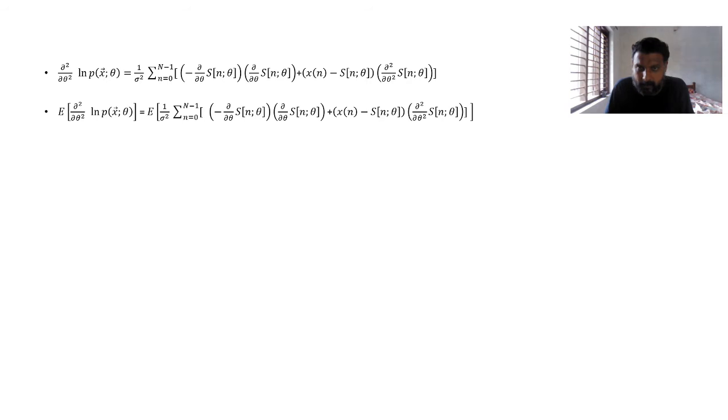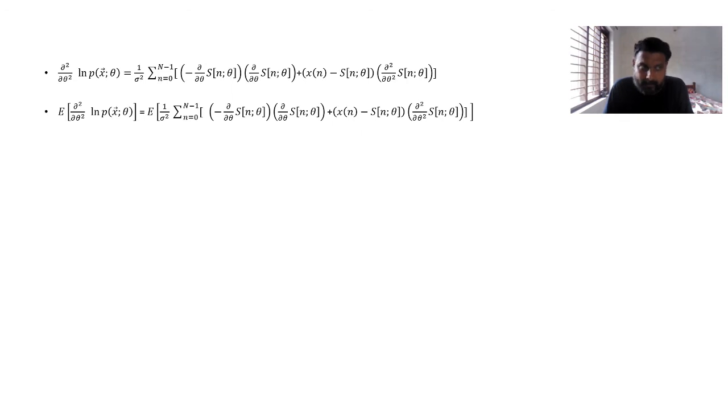In the second term, if you are taking the expectation of x of n minus s of n of theta times ∂²/∂θ² of s of n of theta, it changes to 0. How? Because the expectation of x of n minus s of n of theta can be obtained from the given observation. In the given observation, x of n is nothing but s of n of theta plus w of n. So x of n minus s of n of theta will be equal to w of n.